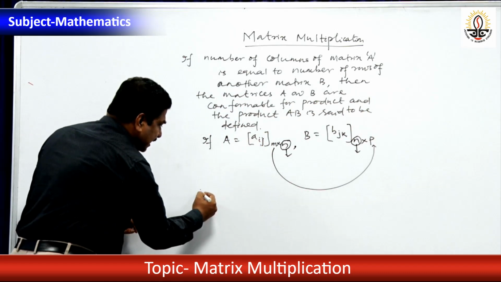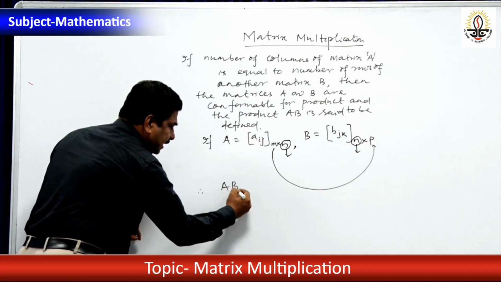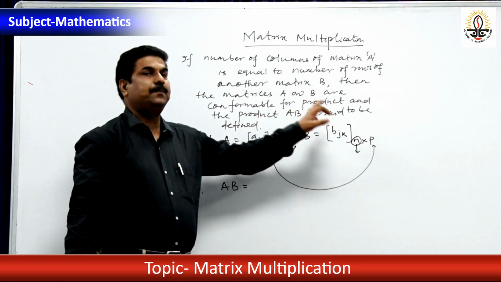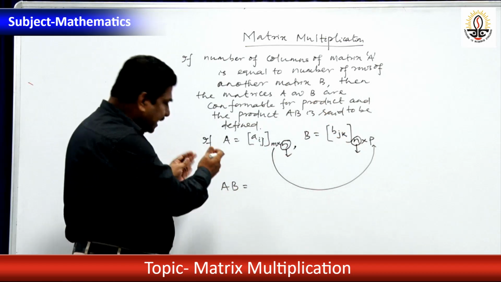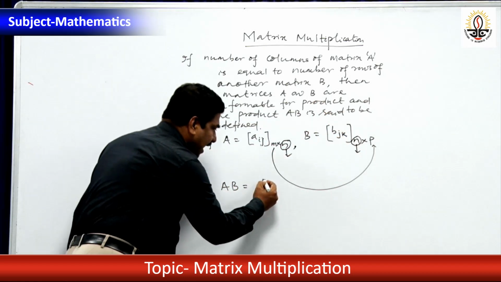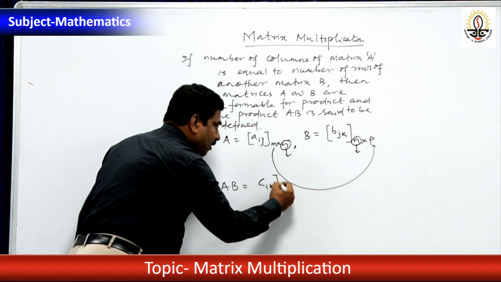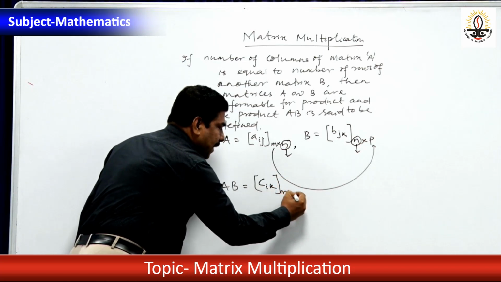That means the product AB is denoted by Cik, of order m by p.